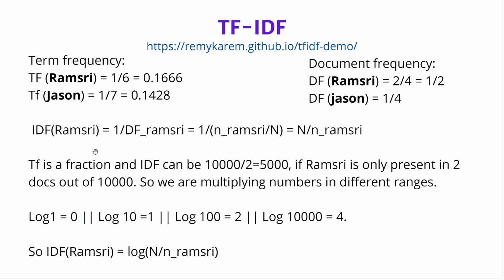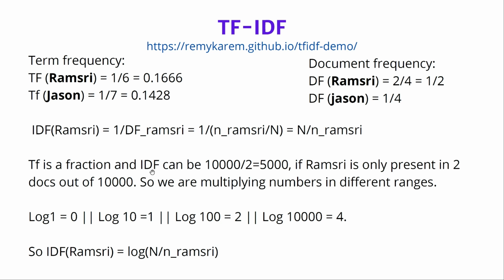The interesting thing to note is that term frequency is a fraction, for example 0.166, and inverse document frequency can be high even, because let's say if you take Batman Begins, maybe the word Batman only comes in 2 movie plots and there might be 10,000 movie plots in total.